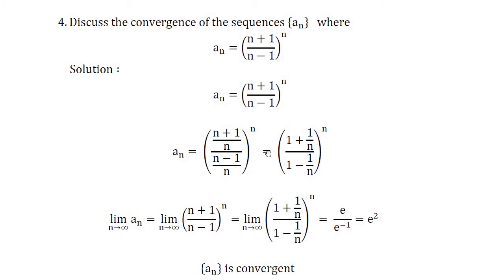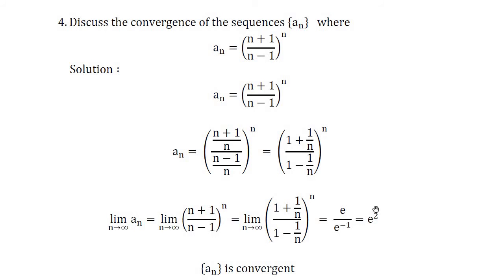That is equal to ((1 plus 1 by n) divided by (1 minus 1 by n)) whole to the power of n. Now apply the limits. That is limit of an as n tends to infinity is equal to limit of ((1 plus 1 by n) divided by (1 minus 1 by n)) whole power n. We know that (1 plus 1 by n) whole power n is e and (1 minus 1 by n) whole power n is e power minus 1.